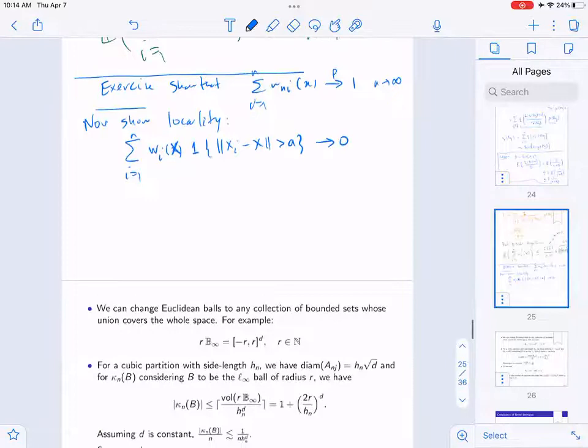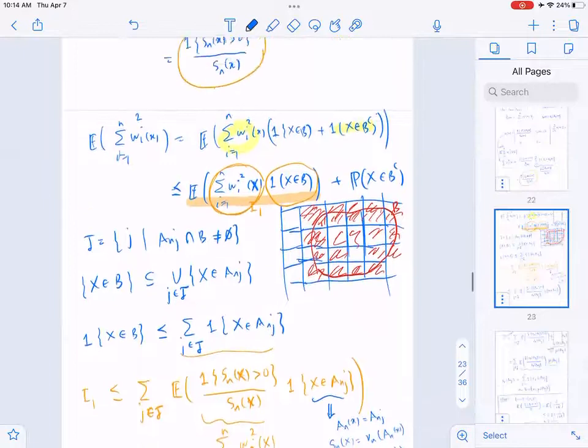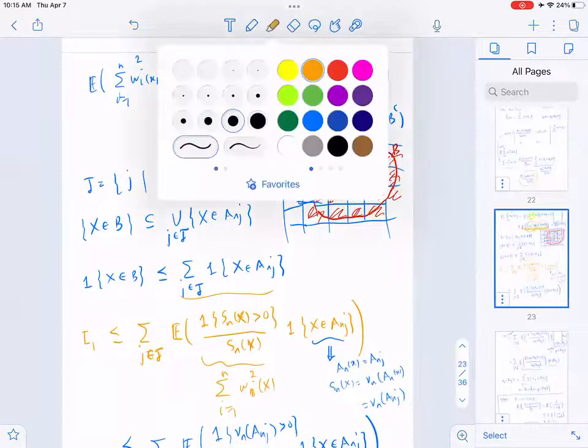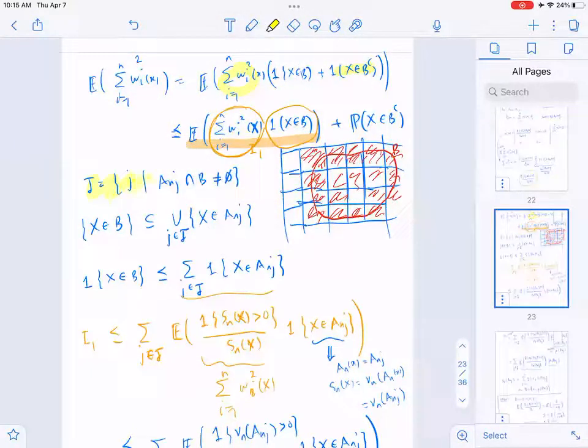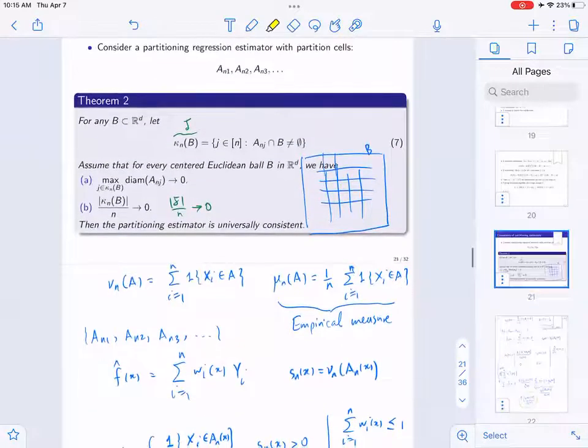So here what we do is we're going to use that J, the set that we had. Where did I define J? So that's the J: just all the partitions that intersect with B. Again, we have a B there as well. So fix B. What I'm going to do is, if you recall the condition, the diameter of these over this set J is going to 0.